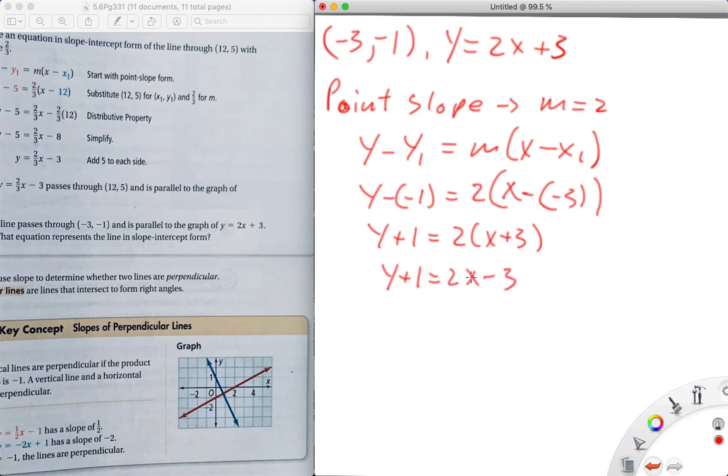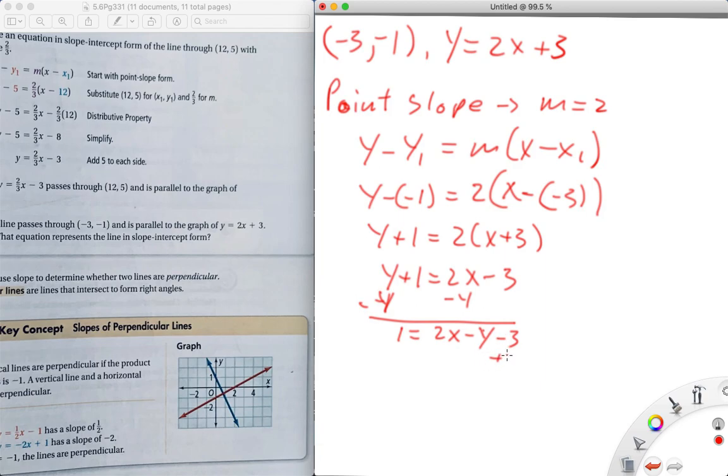Alright, at this point it's almost there. I'm going to subtract the y from both sides, which gives me 1 equals 2x minus y plus 6.